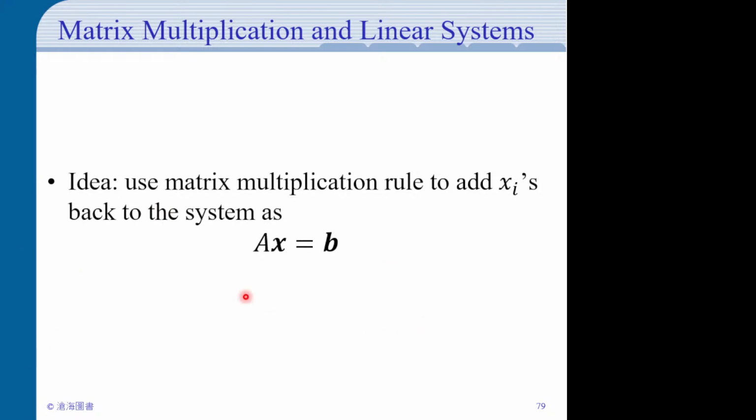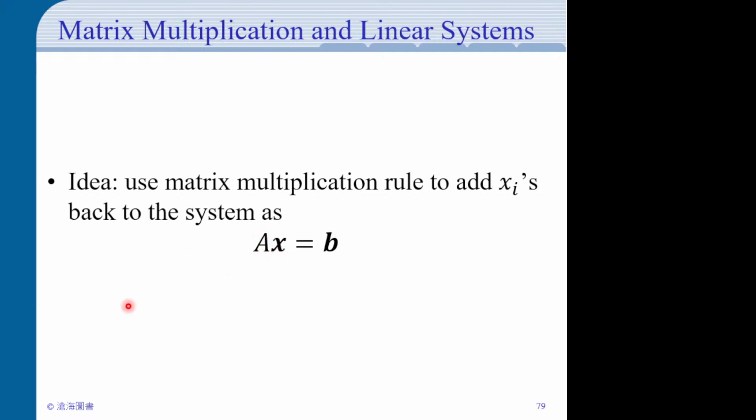Now we want to do this funny thing of putting the xi's back into the linear system. We want to say our linear system is actually written as the equation Ax = b, where b is a column vector, x is a column vector of xi's, and A is your coefficient matrix.